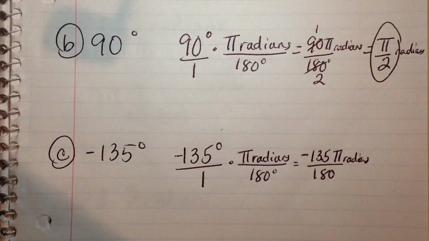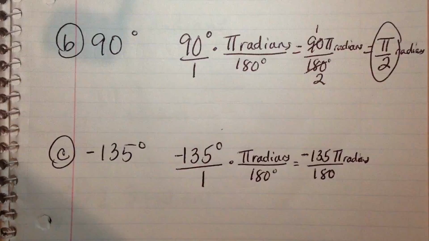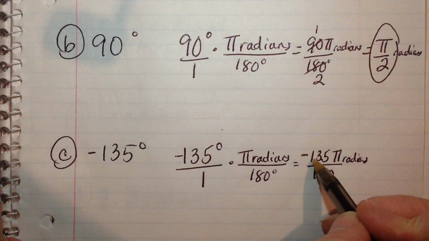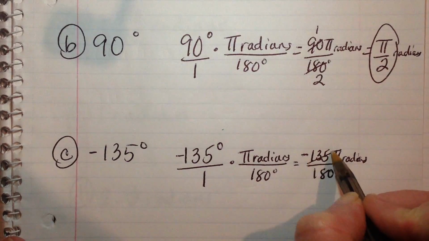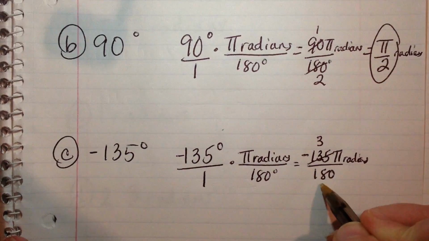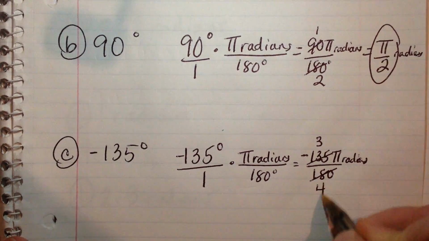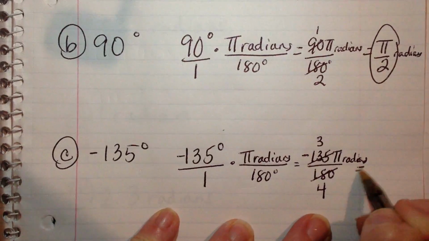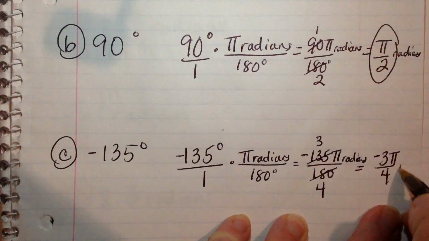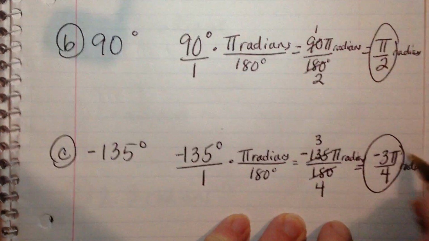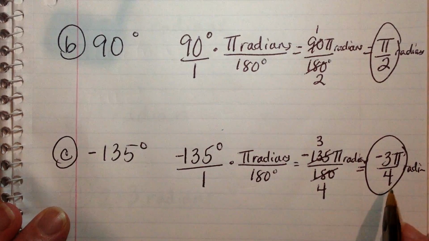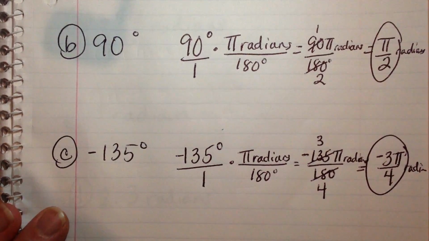So we will use our calculator, and we can divide each of these by 45. If I divide 135 by 45, I get 3. If I divide 180 by 45, I get 4. So when I reduce this, I get negative 3 pi over 4 radians. So negative 135 degrees is the same thing as negative 3 pi over 4 radians.